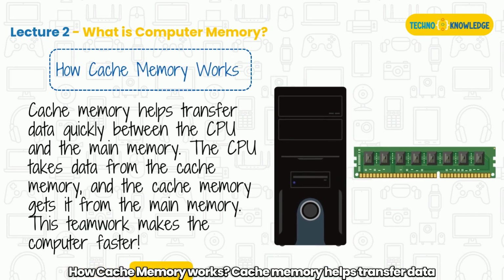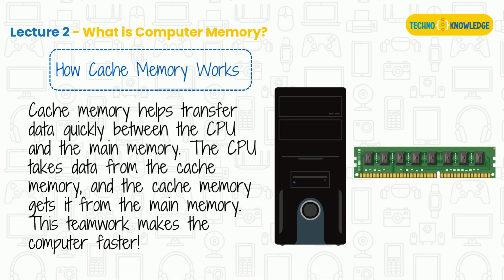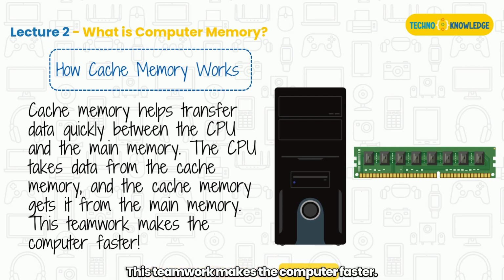How cache memory works. Cache memory helps transfer data quickly between the CPU and the main memory. The CPU takes data from the cache memory and the cache memory gets it from the main memory. This teamwork makes the computer faster.